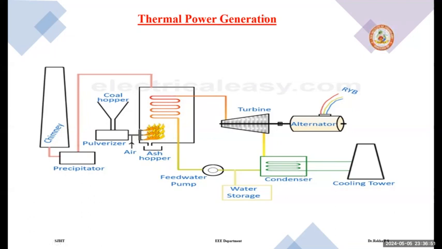You can see here the different units. What are those? Chimney, precipitator, pulverizer, then ash hopper, turbine, alternator. Here is the condenser, and through the feed water pump, the water is condensed and goes back to the boiler.